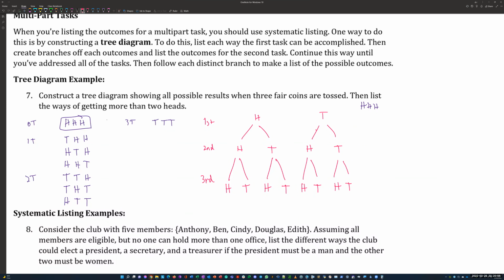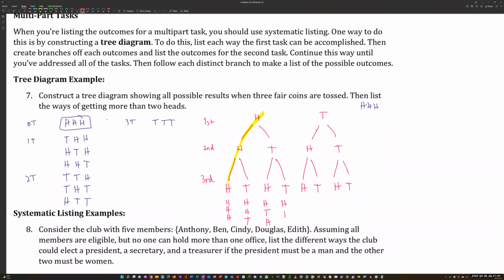The first path would mean I get heads, heads, heads. Then I could go this way, and I would get heads, heads, tails. Then heads, tails, heads.